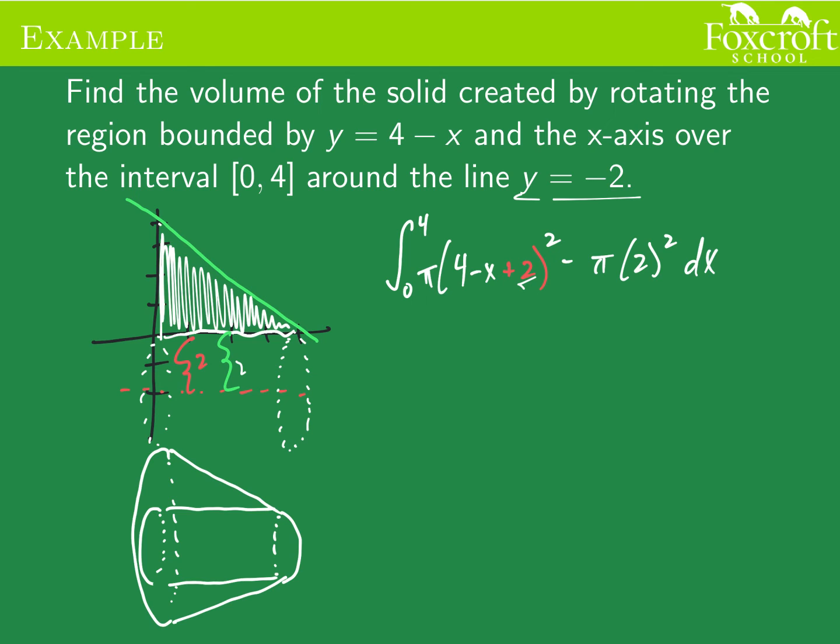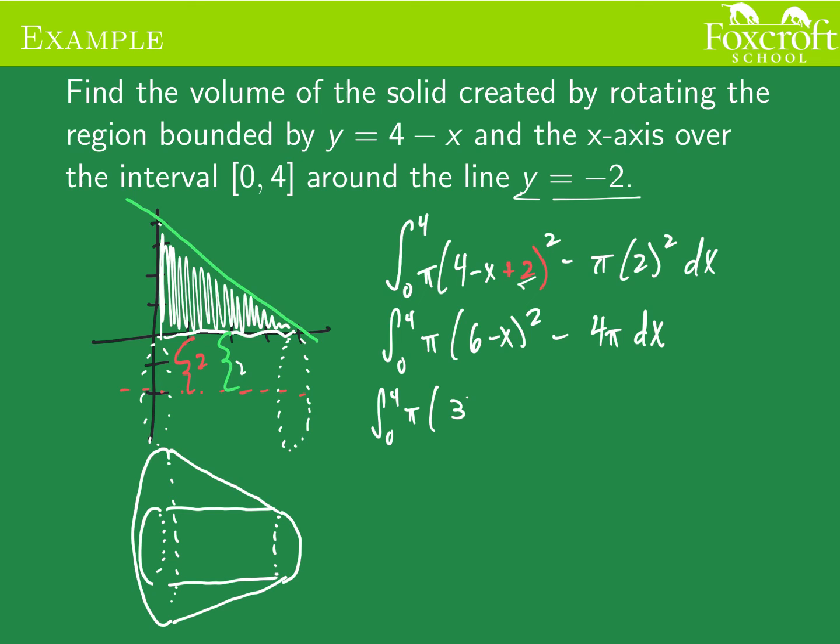All right, so now I can simplify a bit. It's going to be pi times the integral of (6 minus x) squared minus 4. And now, again, take the antiderivative. I guess to take the antiderivative here, you could do it with u substitution. I'm just going to do it by multiplying this out.